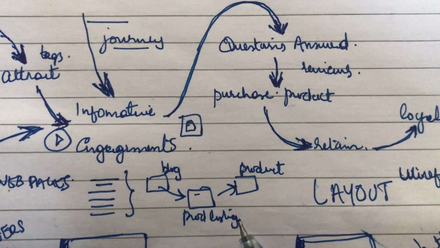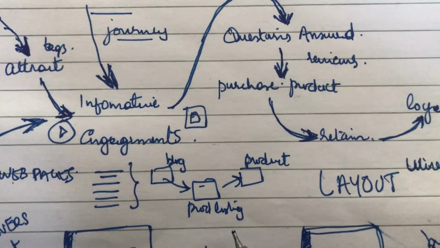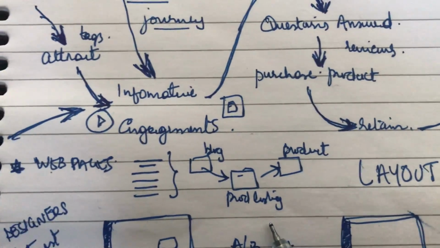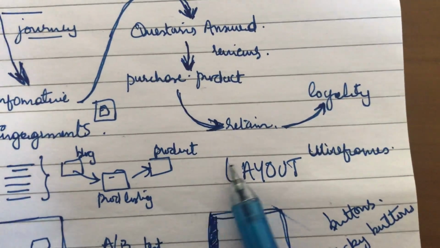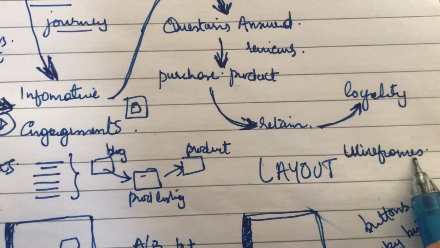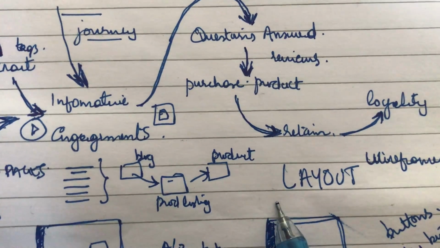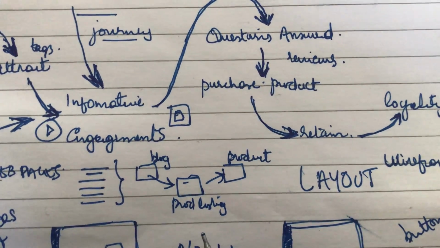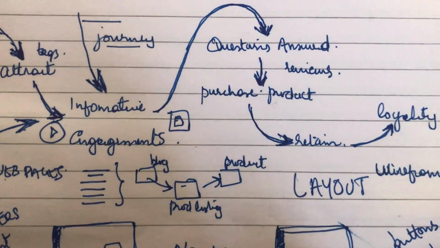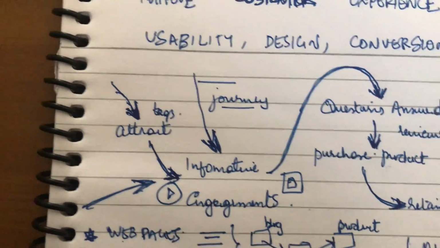For every page you have to define the action that your audience must take after going through the web page, and that's how you make the layout, and that's how you make the wireframes. Not designing from the start just from thinking, it has to follow this journey.